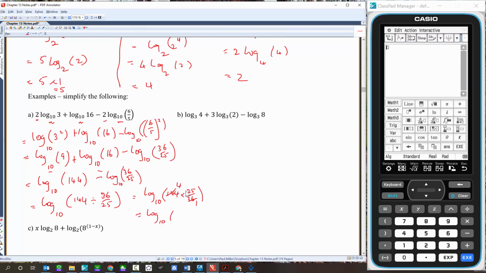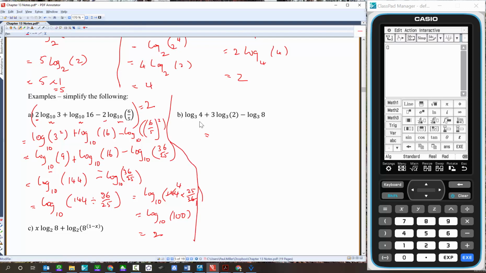Log base 10 of 4 times 25 is 100. 10 raised to what power will give me the answer 100? The answer is 2. So that whole thing there is a very fancy way of writing the digit 2. They're exactly the same thing.